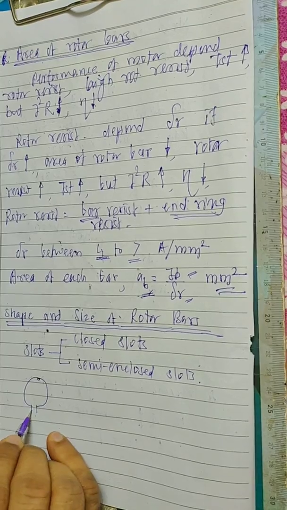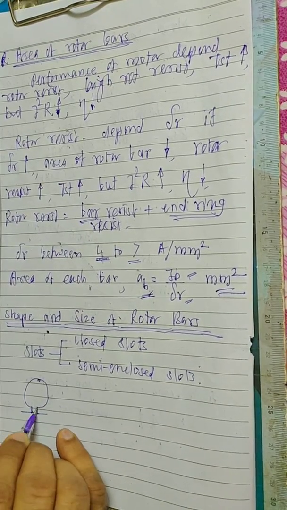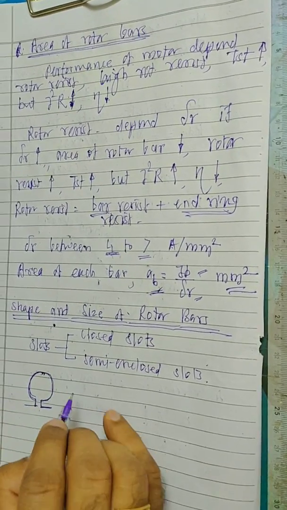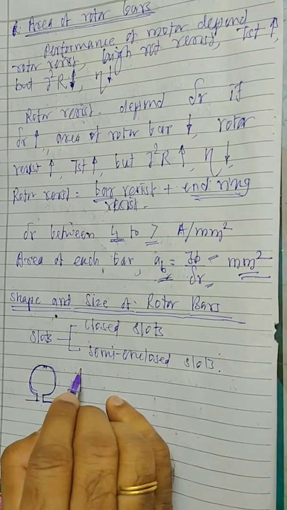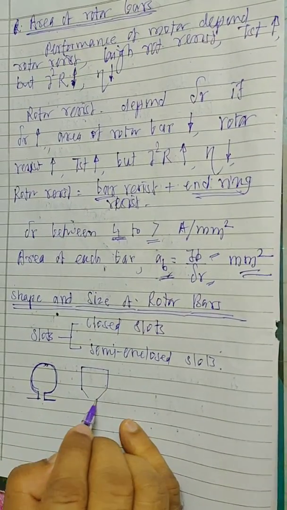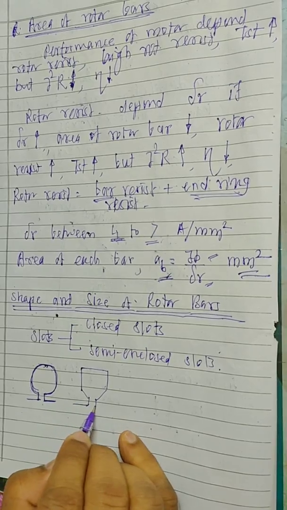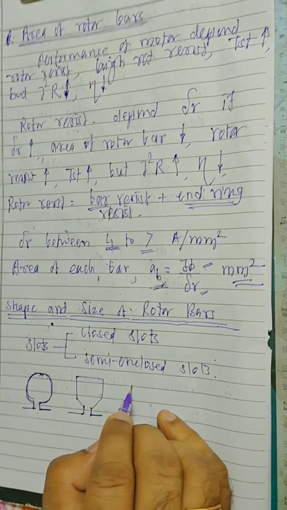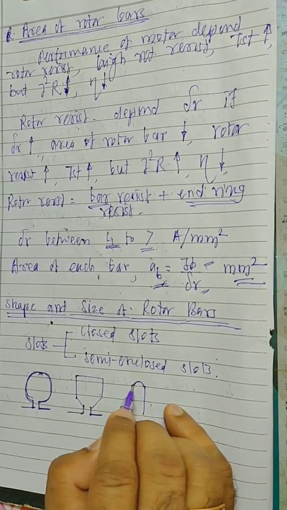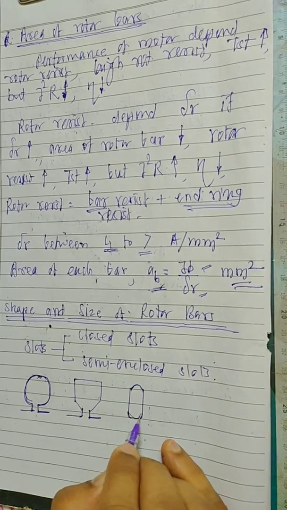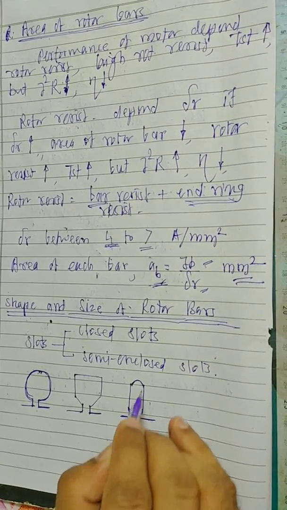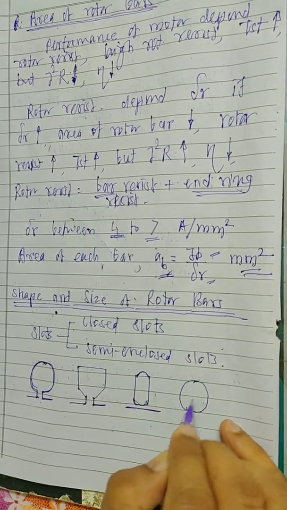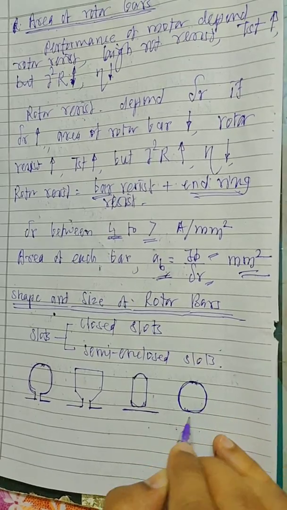So this is the semi-enclosed type. This is the surface of the rotor, circular slot. Then these are the semi-enclosed type slots, and this is the closed slot.